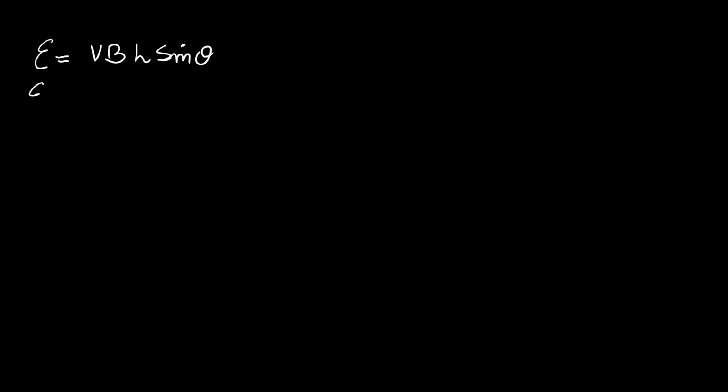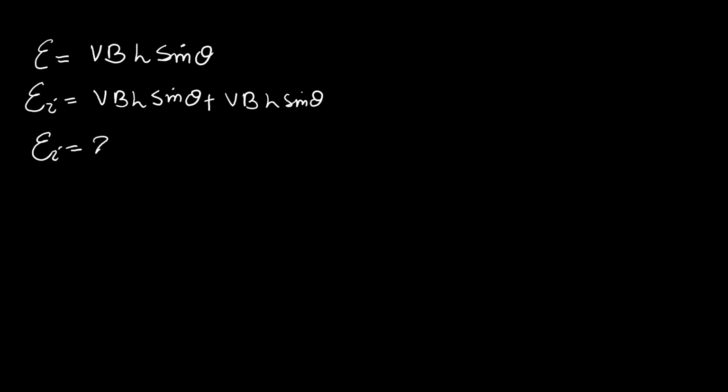So the induced EMF in an AC generator will be equal to VBL sine theta for one side or one edge of the armature, plus VBL sine of theta for the second side of the coil of the armature. So the net induced EMF for the two sides will be equal to 2VBL sine of theta.